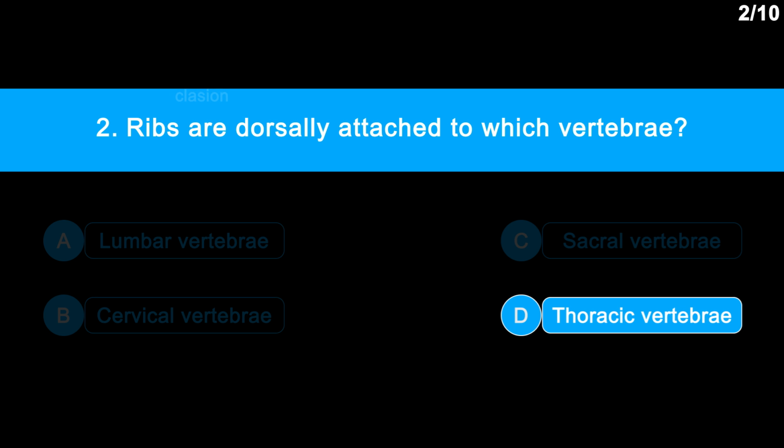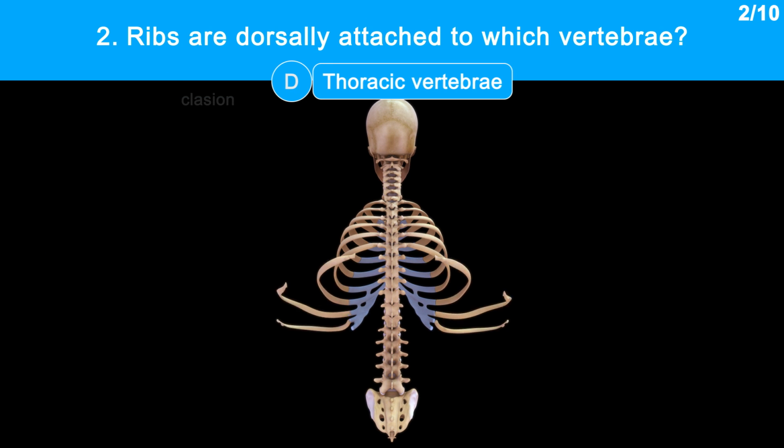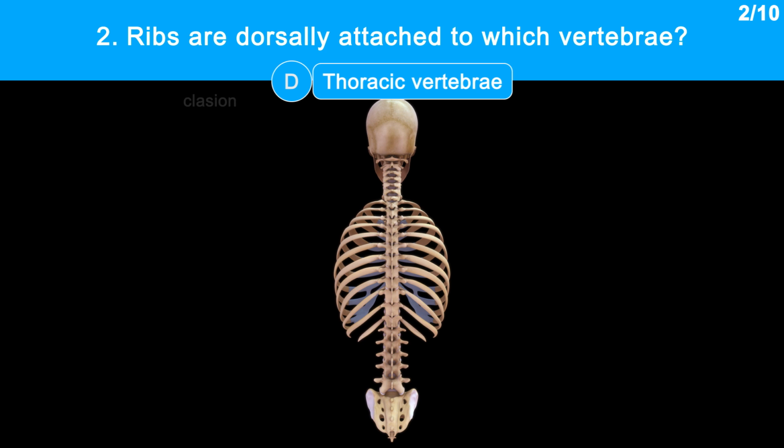The correct answer is option D, thoracic vertebrae. All 12 pairs of ribs are dorsally attached to thoracic vertebrae. There are 12 thoracic vertebrae. A pair of ribs are attached to each vertebra.